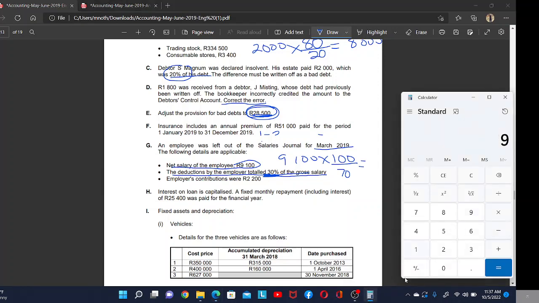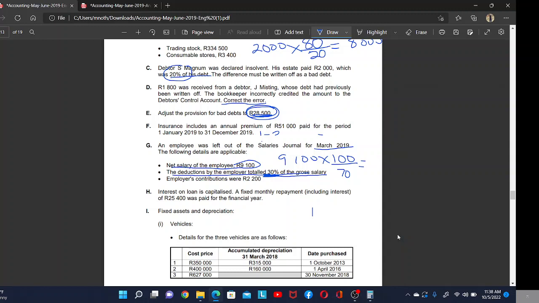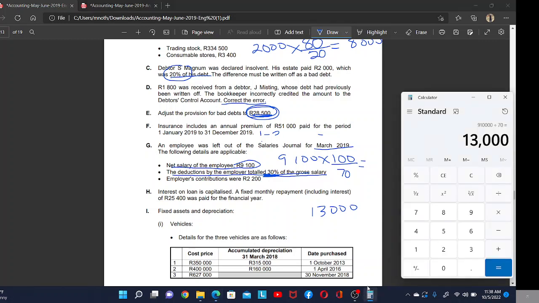So 9,100 times 100 divided by 70 is equal to 13,000.